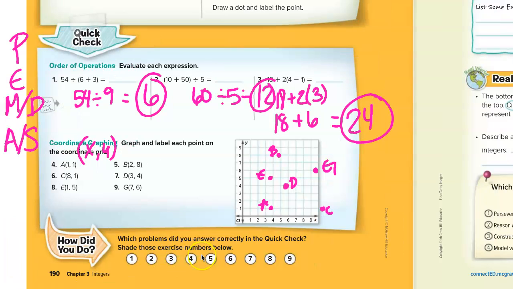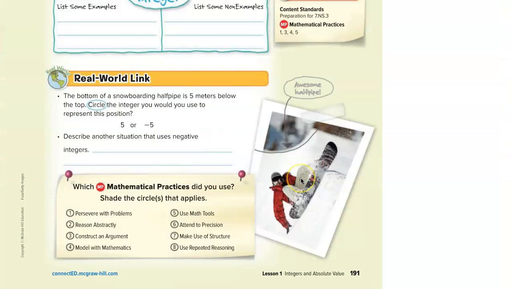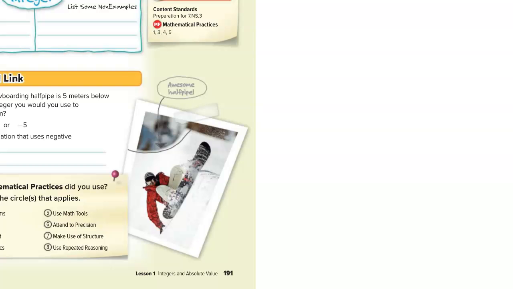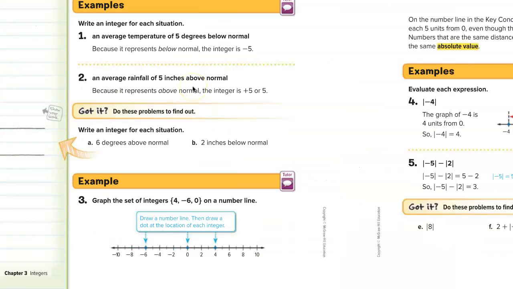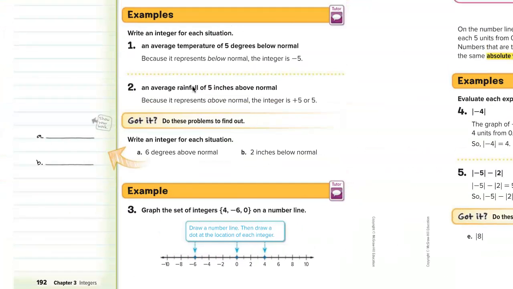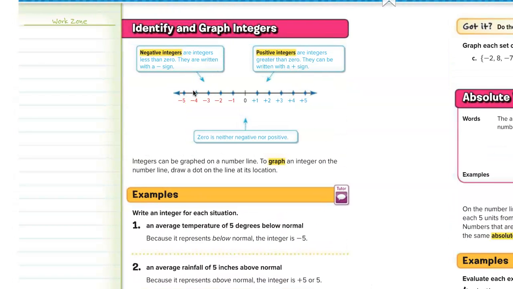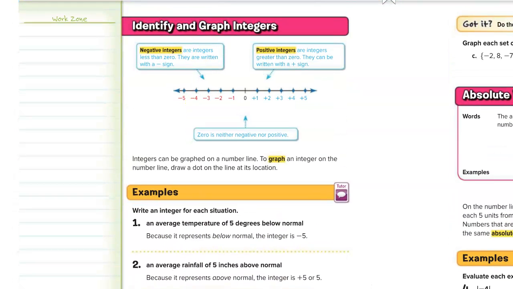All right, moving on to the next page. We're actually going to skip that page entirely, and we're going to look at examples 1 and 2 on page 192. So up at the top, it's just talking about negative integers and positive integers. Remember, when you are graphing on a number line, 0, 1, 2, 3, 4, 5, we're used to that.